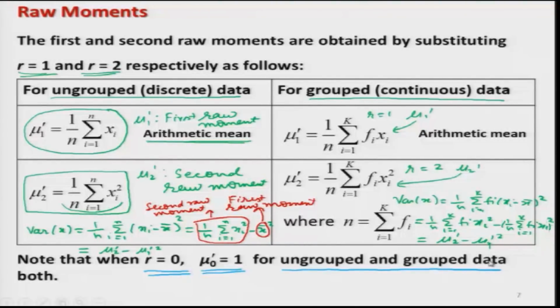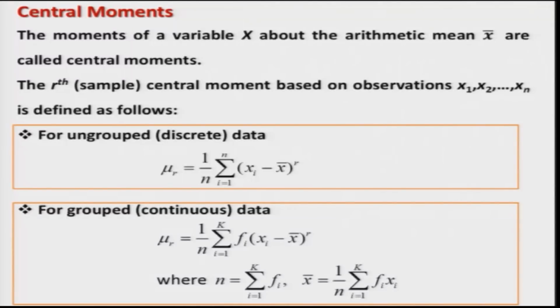Now, after discussing the concept of raw moments, let me define what are called central moments. We had discussed the rth moment around any arbitrary point a, summation of x i minus a raised to the power r. If you choose a to be the sample mean x bar, then the moment is called a central moment.